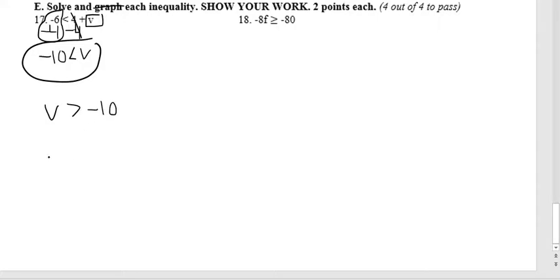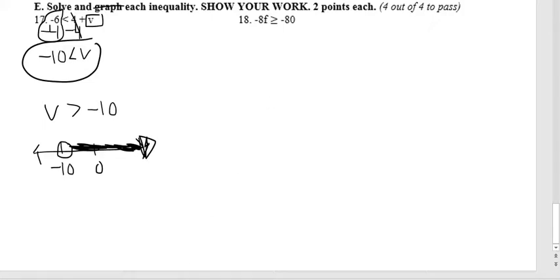Because we subtracted 4 from the right side, we also have to subtract 4 from the left side. Negative 6 plus negative 4 is a negative 10. Okay, so v is greater than negative 10. That's your solution. And you don't have to do the graphing part, but if this is 0 and this is negative 10, that means that v can be any of the numbers that are bigger than negative 10.